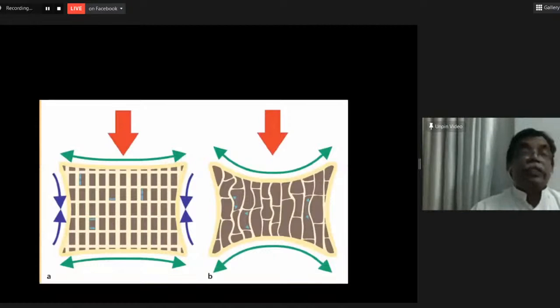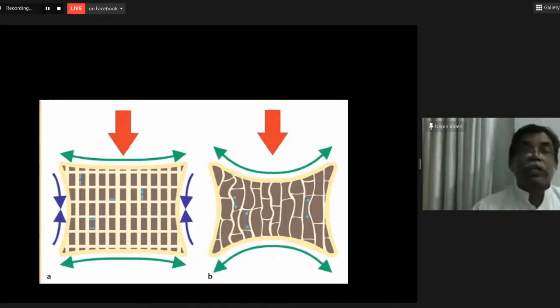Now, this is oriented in a vertebral body. The line of forces along the line of weight is formed about on, or there's a compressive forces.